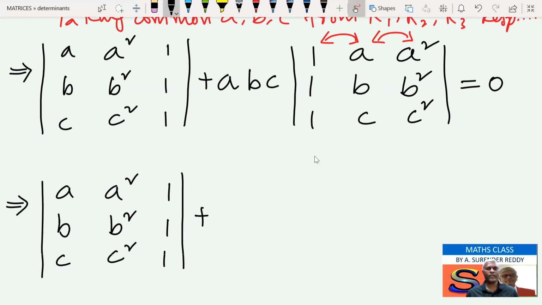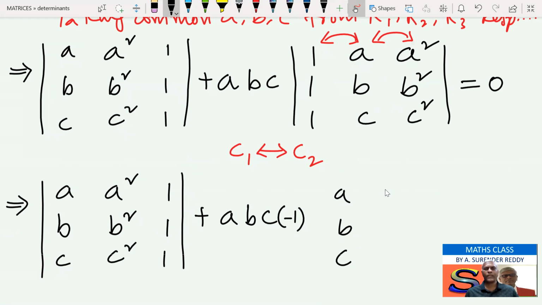So here I am interchanging C1 and C2. If we interchange C1 and C2, then ABC becomes the first column, here A, B, C. By interchanging like this, we get a minus sign.